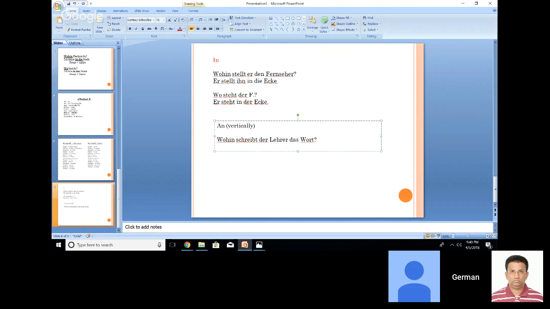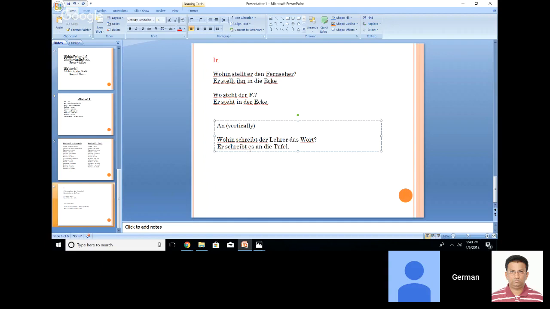Where is the teacher writing? The position is being made by the teacher. Er schreibt es an die Tafel. Where to, or where is the teacher writing the word? He is writing it on the board.